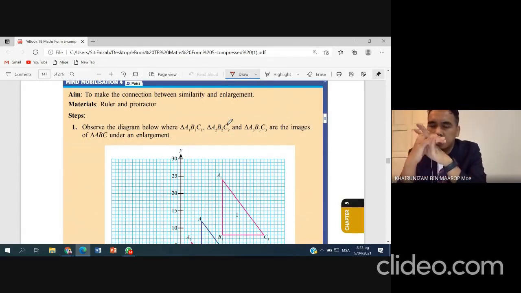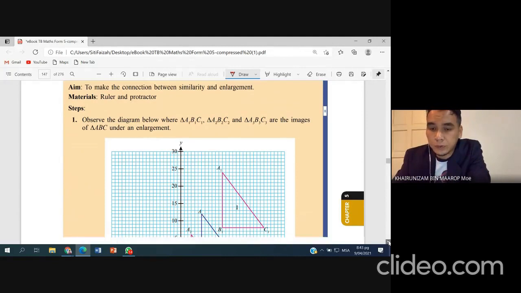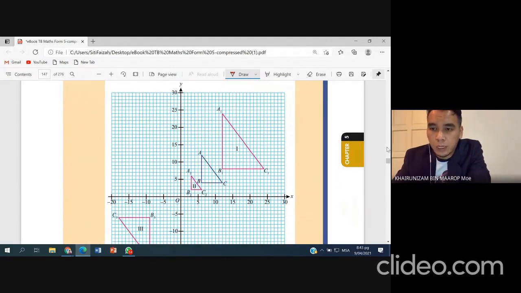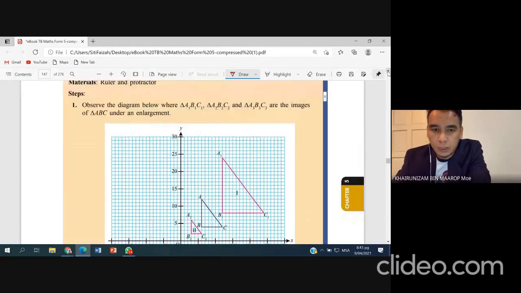Similarity with enlargement. Alright, so for this one, we look at what we want to do for this activity.